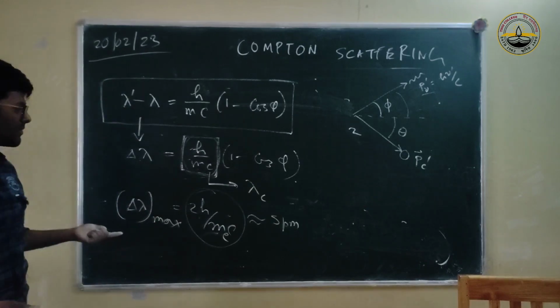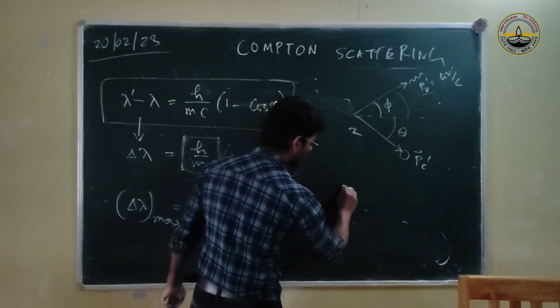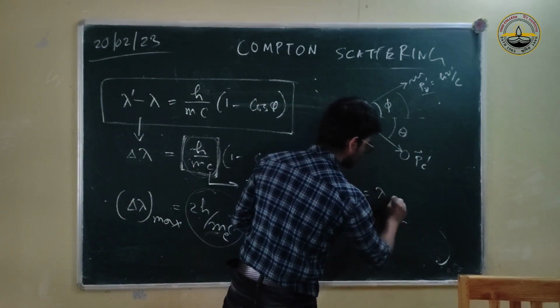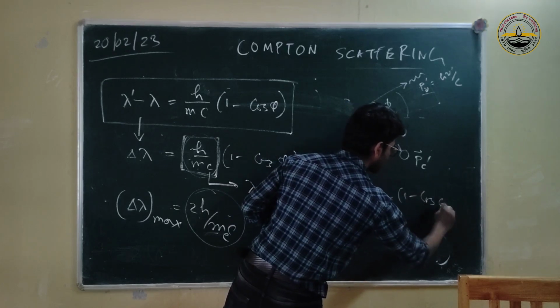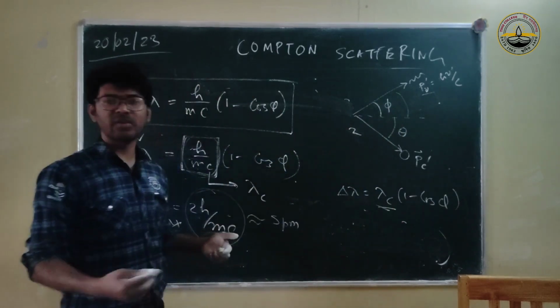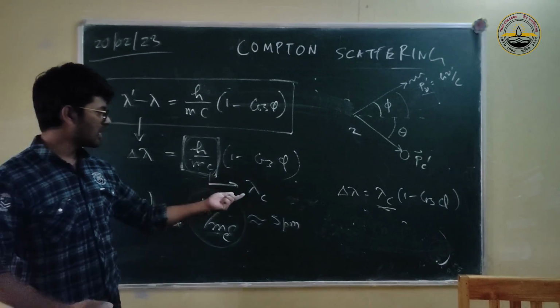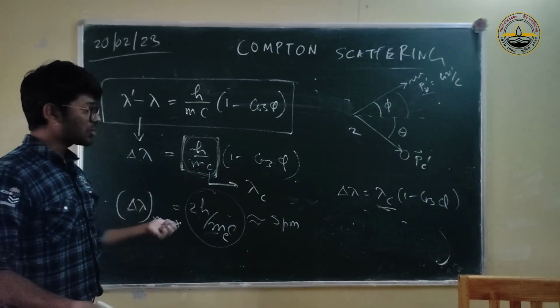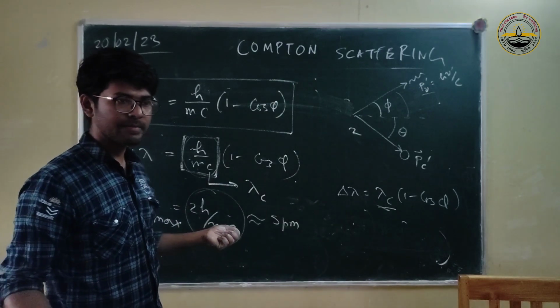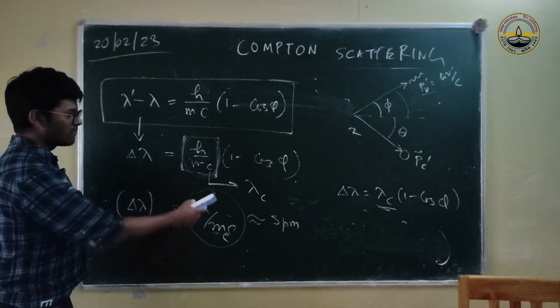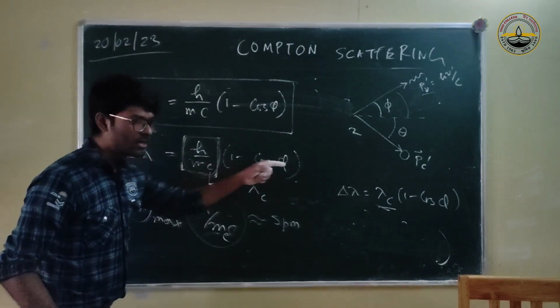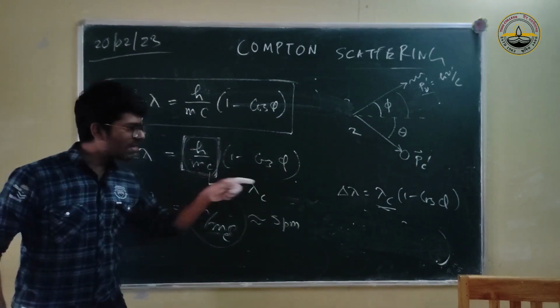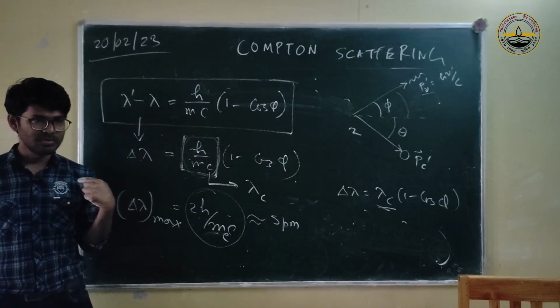It's called Compton wavelength. So you can also write delta lambda equal to lambda c, 1 minus cos phi. Compton wavelength is different for different particles. It's less for heavier particles. For electron, it's 2 point something picometers. So for an electron, the maximum change will be when the light goes this way and gets reflected back towards you.